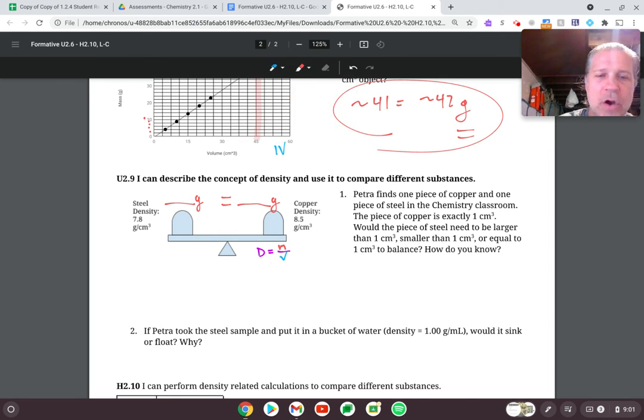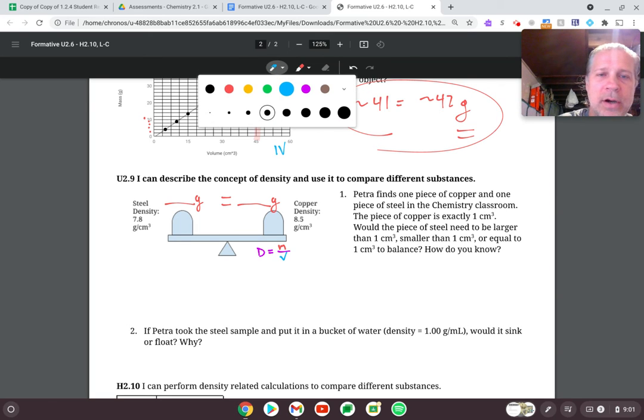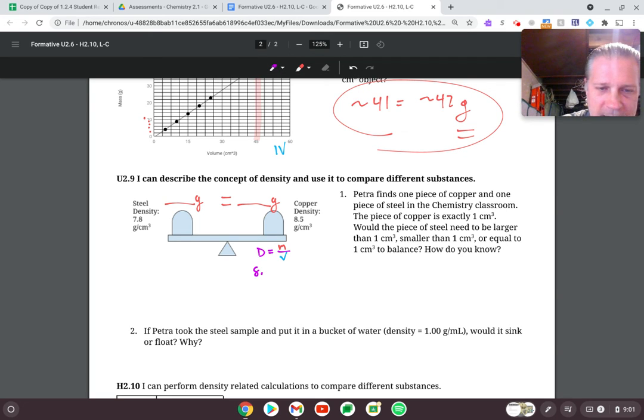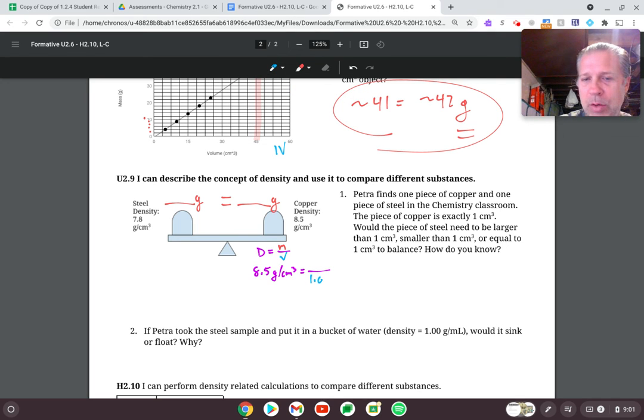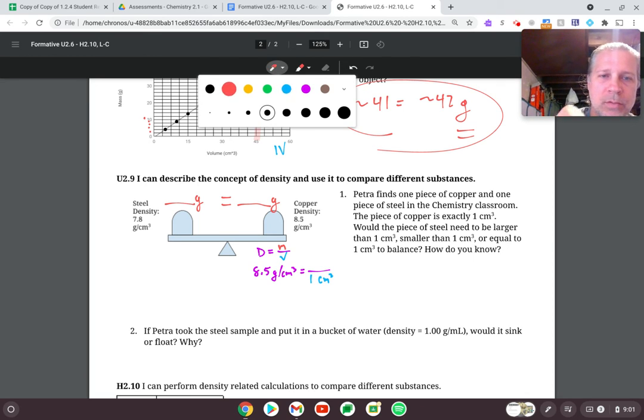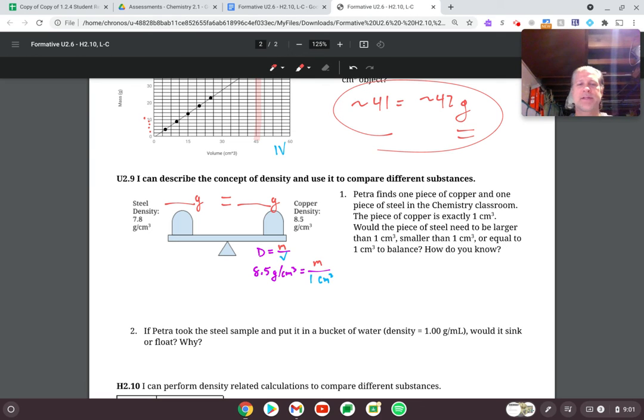And I happen to know that the density of copper is 8.5 grams per centimeter cubed. And the volume of this particular piece of copper is simply 1 centimeter cubed. So if I'm trying to figure out what mass I would need of steel, I need to figure out the mass of copper.